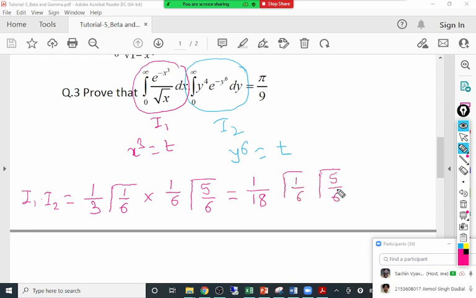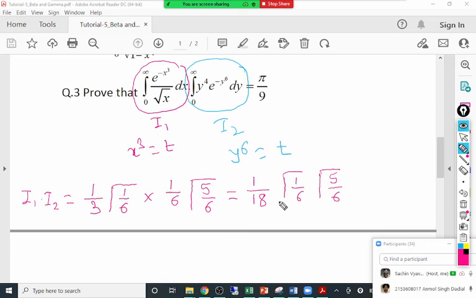Now the problem is, sir, can't we convert gamma 1 by 6 using the property? Which property? Tell me. Sir, gamma n plus 1 is equal to n gamma n. So can you write 5 by 6 in n plus 1 form? It can't, because the numerator is less than the denominator.